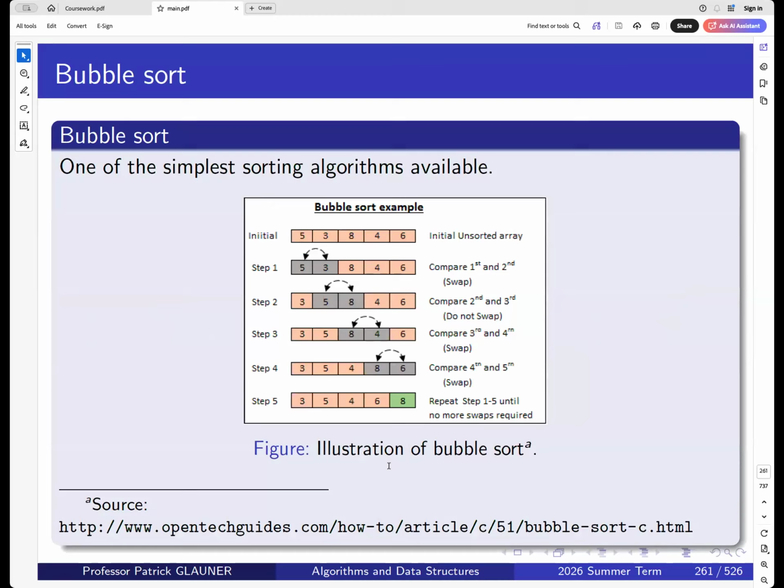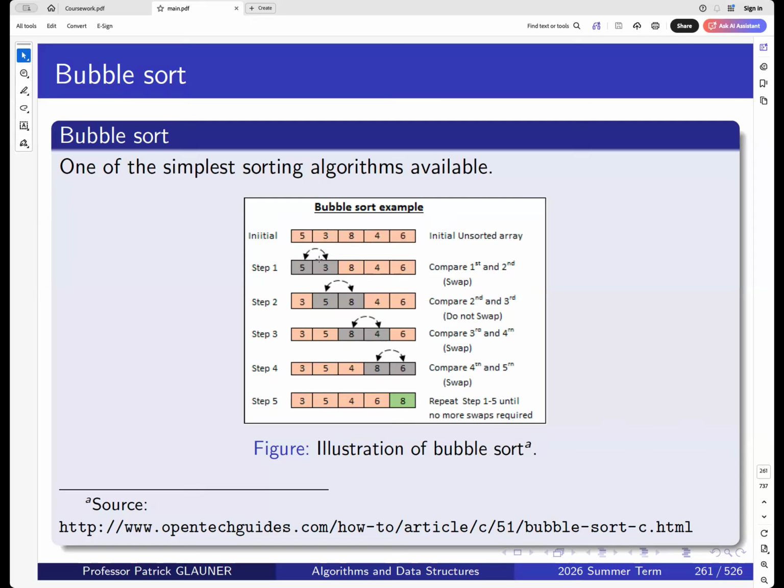And possibly the simplest approach is called a bubble sort. A bubble sort looks the following. I start with an initial data set that is unsorted, potentially 5, 3, 8, 4, 6.